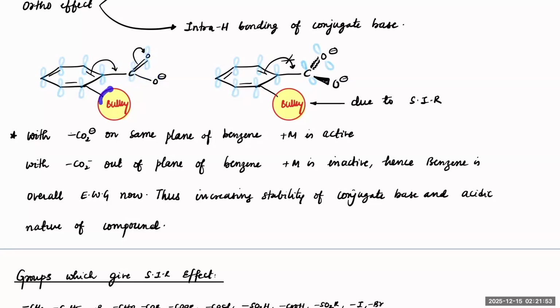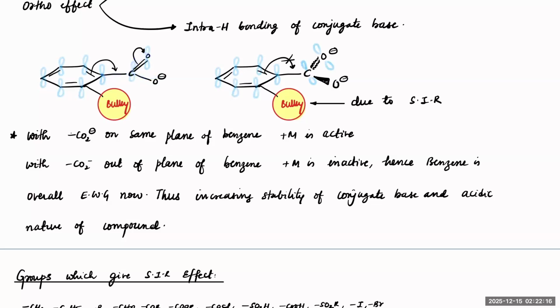Now, that's where this bulky group comes into the picture. Imagine if there is any bulky group, that implies it is sufficient to repel this CO minus. If it can repel that CO minus, what will happen? Have you noticed this is a single bond? Due to the single bond, this carbon can rotate in any direction.